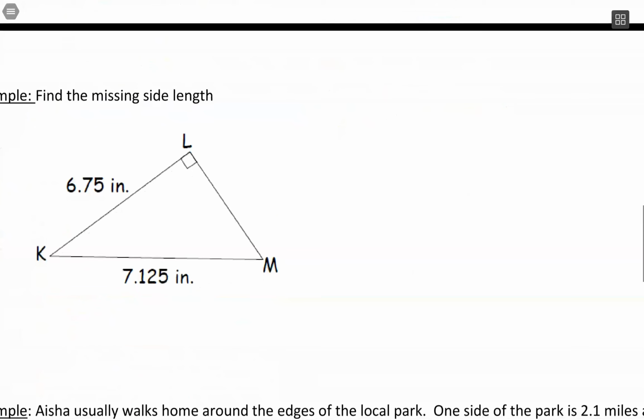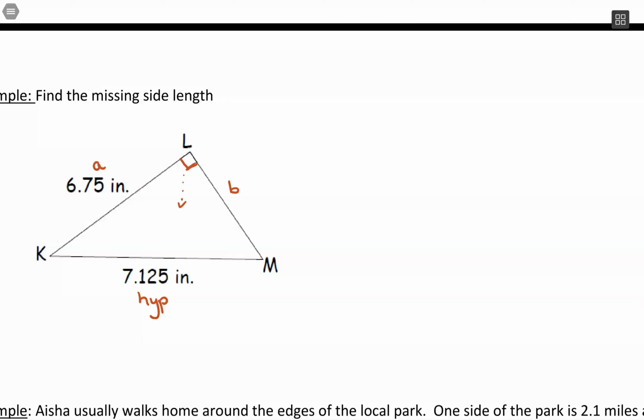Let's try another one. With this one, you can see our right angle there. So if we look across the way, this is our hypotenuse. So in this case, we actually know what the hypotenuse is. We know one of the legs. We don't know the other leg. So with this, our unknown changes, and you want to be careful because a common mistake here is to just always put the hypotenuse as the unknown, but sometimes you know the hypotenuse.